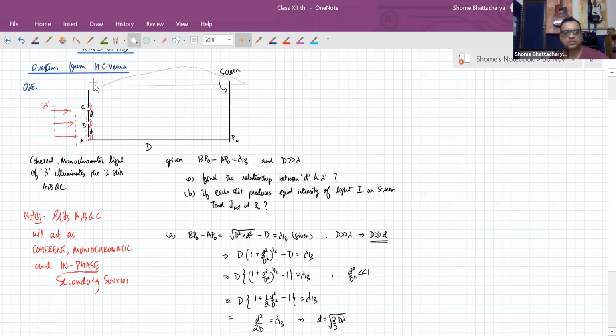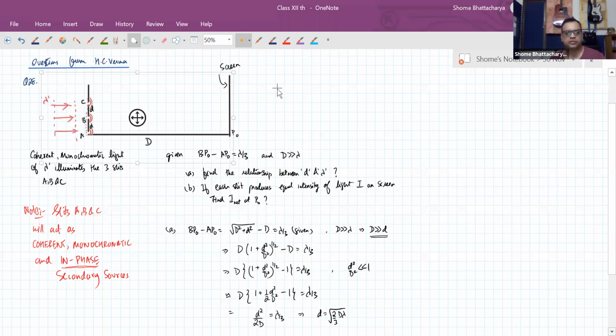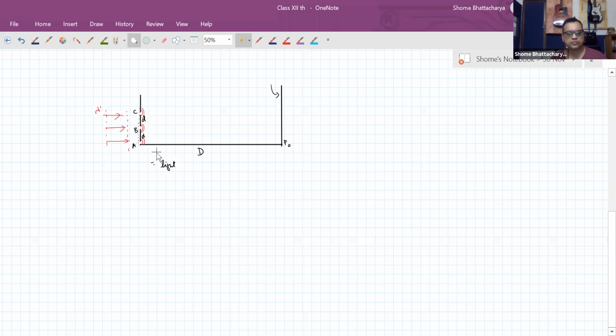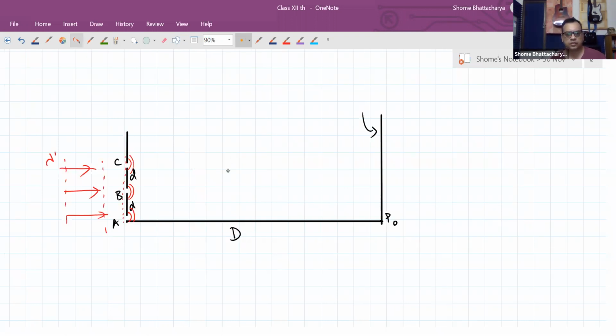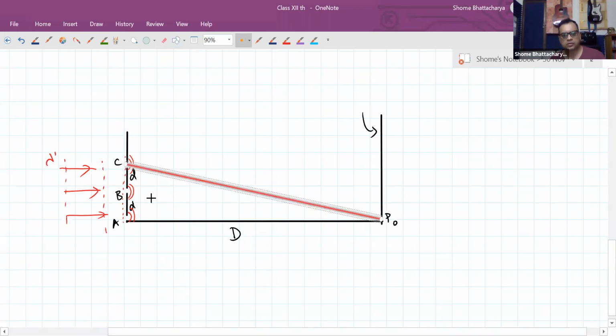Okay, so with this, let's consider the second part of the question. These beams of light, we have to calculate the phase difference between them. So this is the idea now.